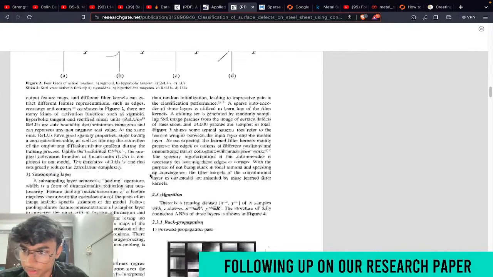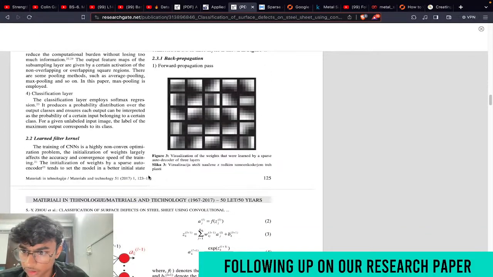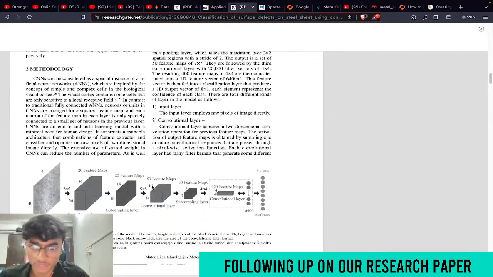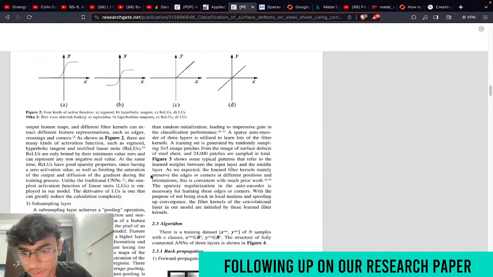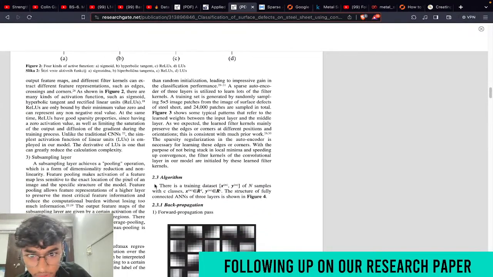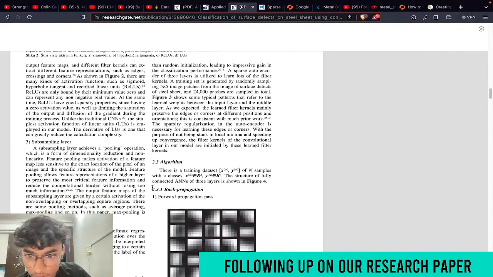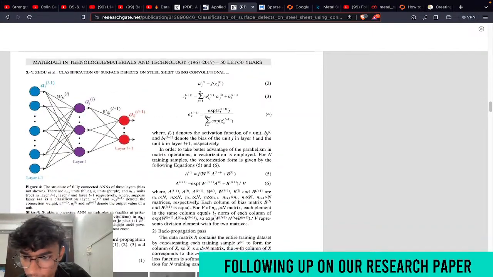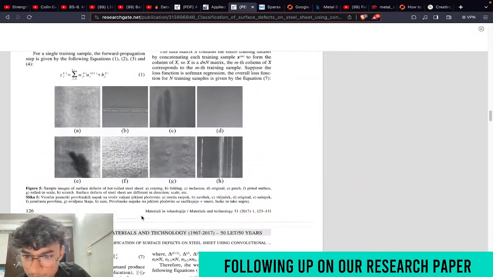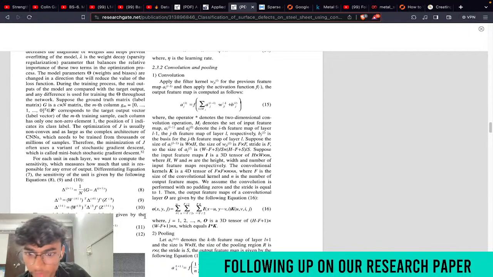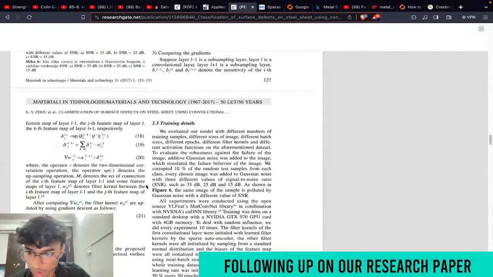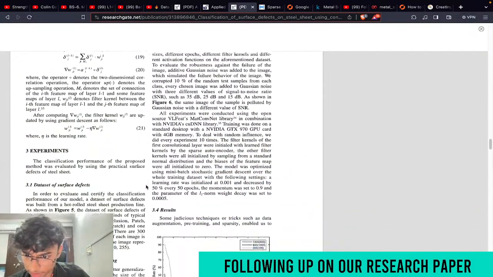There's the dataset section. Okay, convolutions, I understand how computations work. Experiment dataset of surface defects. Yeah, there you go.